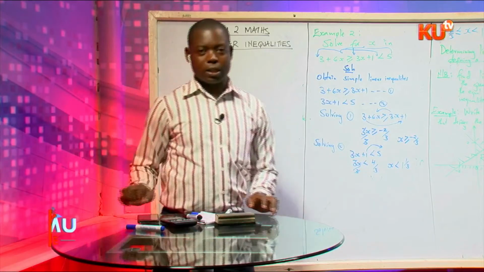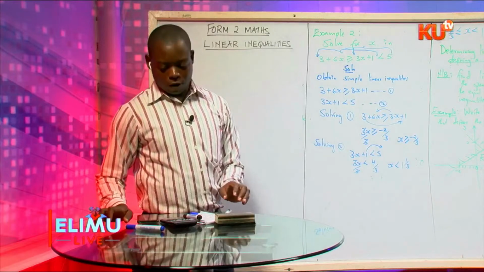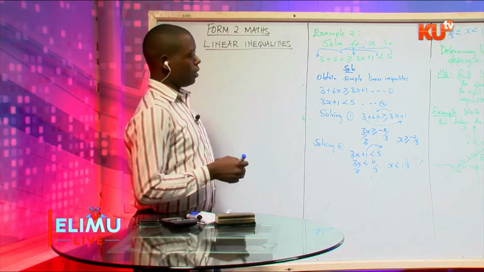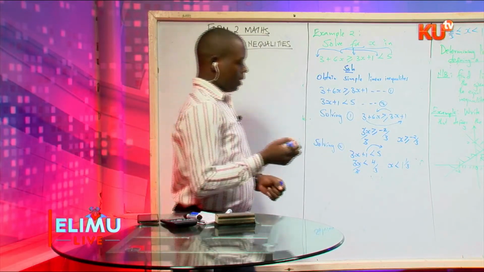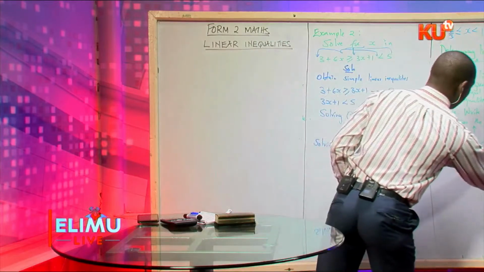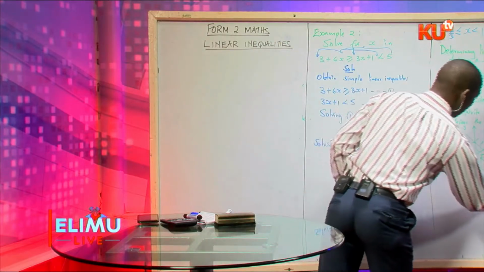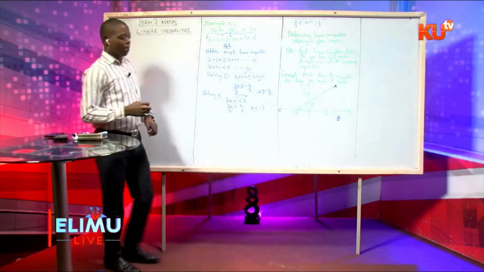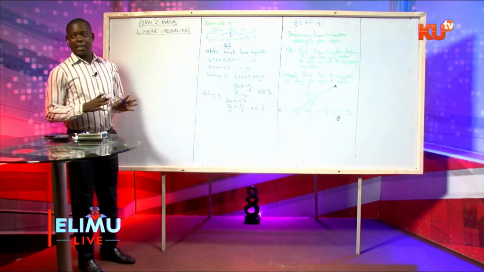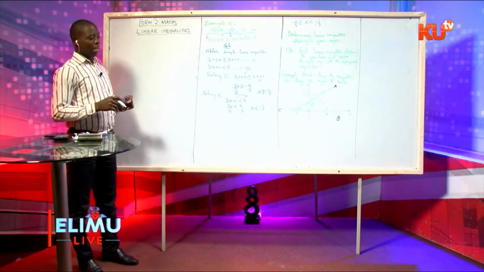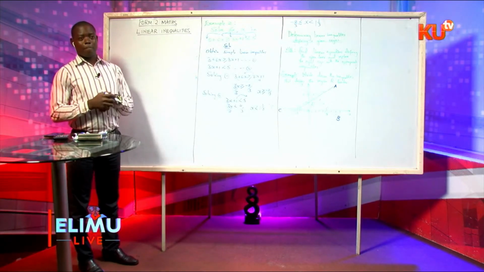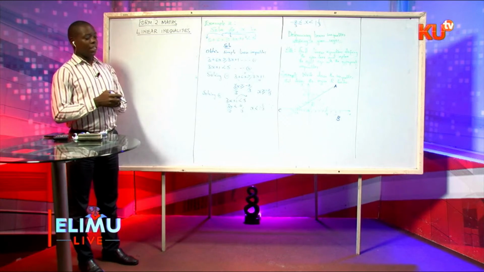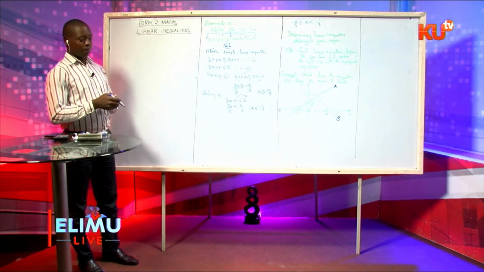So how do you solve this? Simple. Let's mark this as line A, this as line B, and then this as line C. From the three lines, there is one simple line, which is line C. Line C is the x-axis.